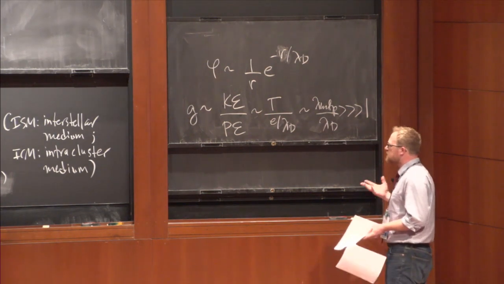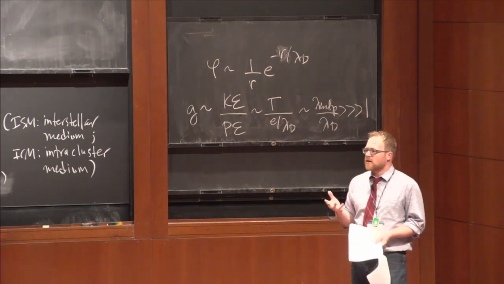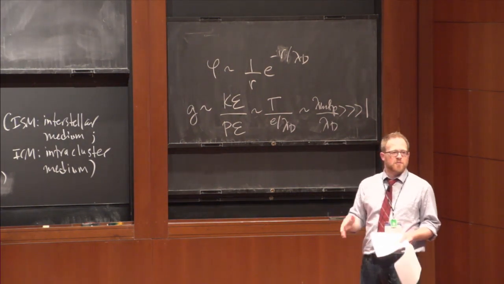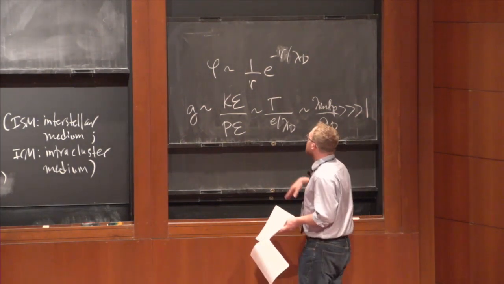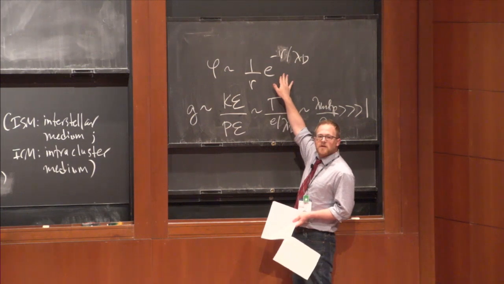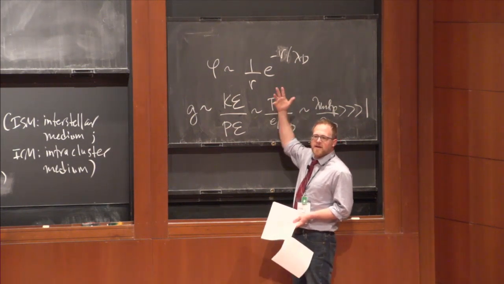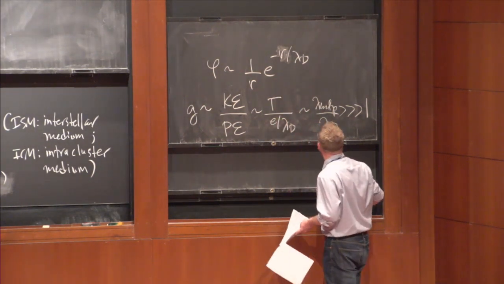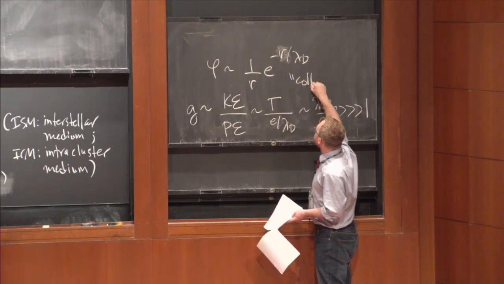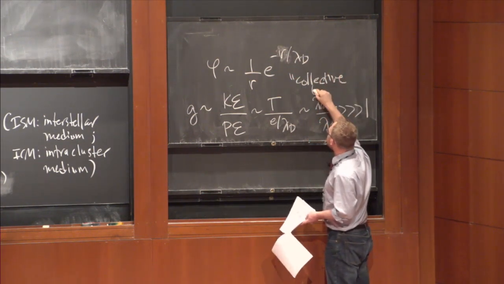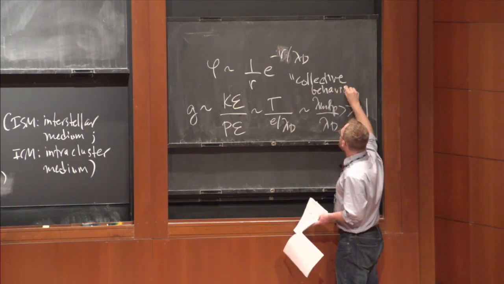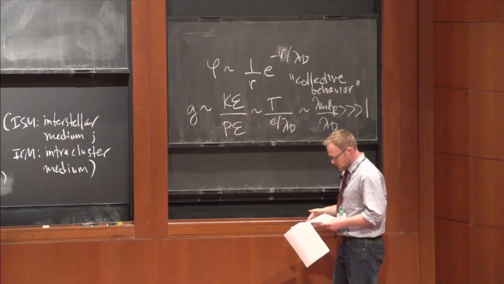You can treat this as a collection of particles interacting with some smooth background, and the smooth background is achieved because of this electric screening. You refer to that as a collective plasma, something that demonstrates collective behavior in this way.